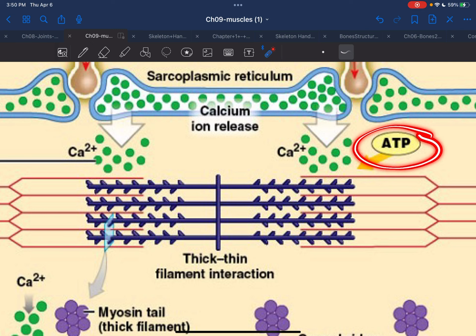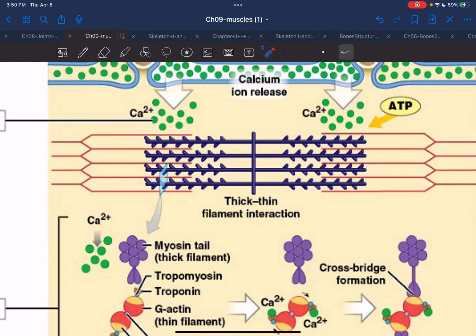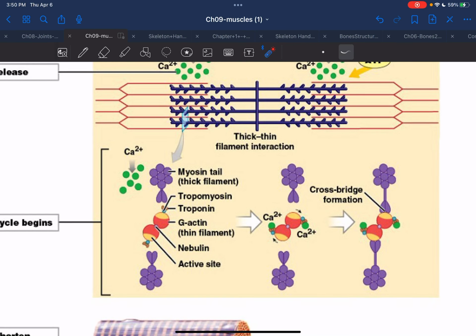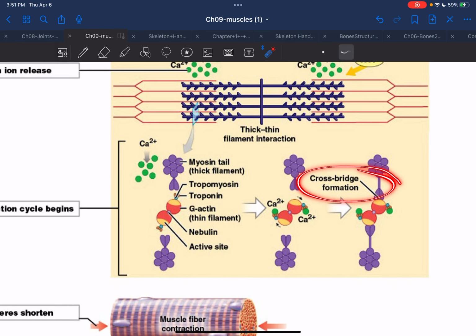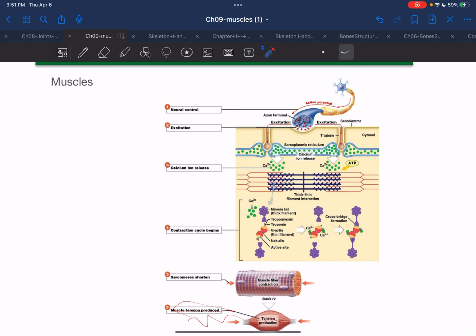With the use of ATP, you will get our sliding filament, or a contraction of the sarcomere. Again, calcium finds our troponin, binds to it, allows for cross-bridging, and causes our muscle contraction. So this is really, at a glance, everything you've learned in this chapter.